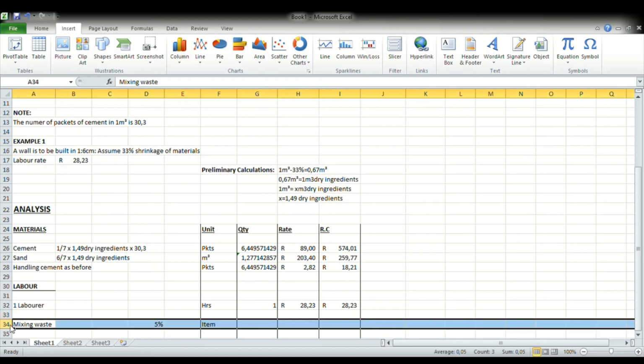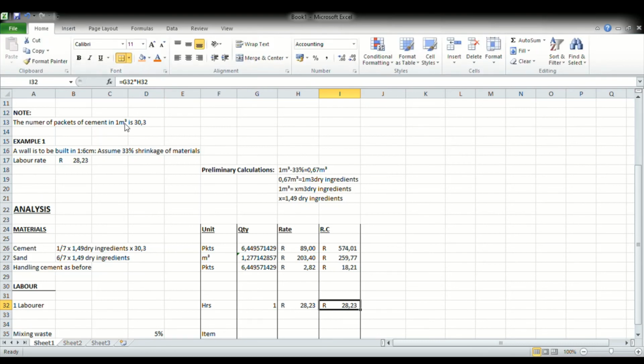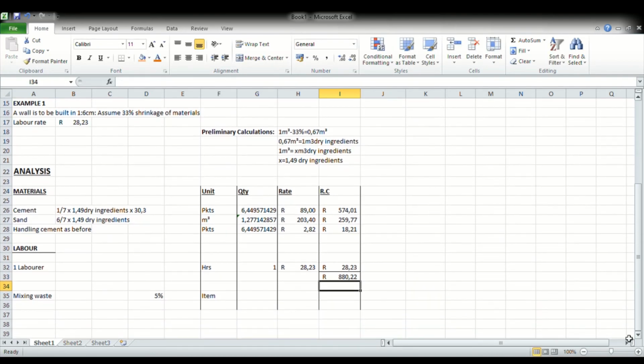Then we need to get our total here. It's basically the sum of all of that, 880.22, and then our mixing waste will be 5% times 880.22, which gives us 44 rands and 1 cent.